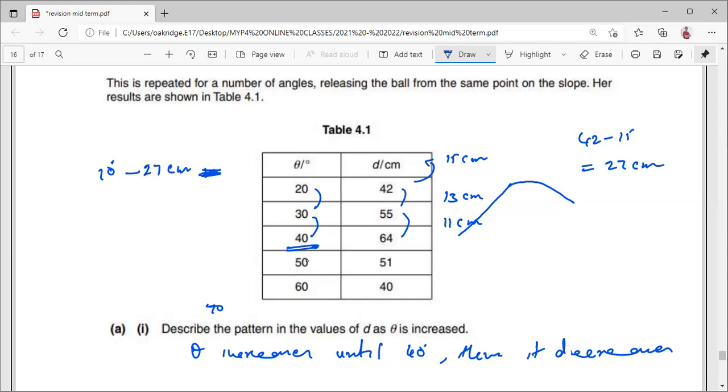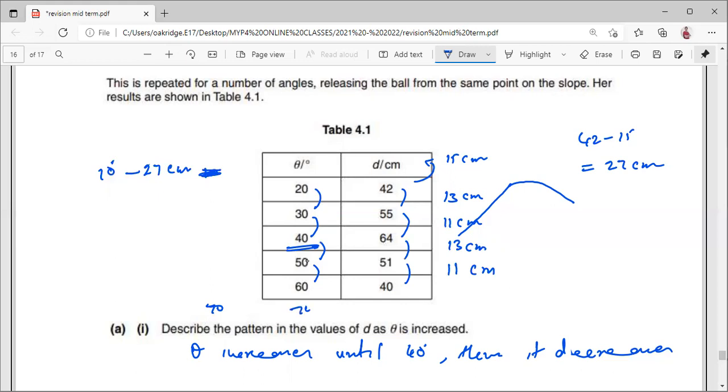Now in a similar way, let us look at this. For 50, it is 51. For an increase of 10 degrees here, this reduced by a distance of 11 centimeters, right? Now in a similar way, between these two, we didn't do this one, right? 40 to 50 when I did this, 64 minus 51, which was 13 centimeters here.